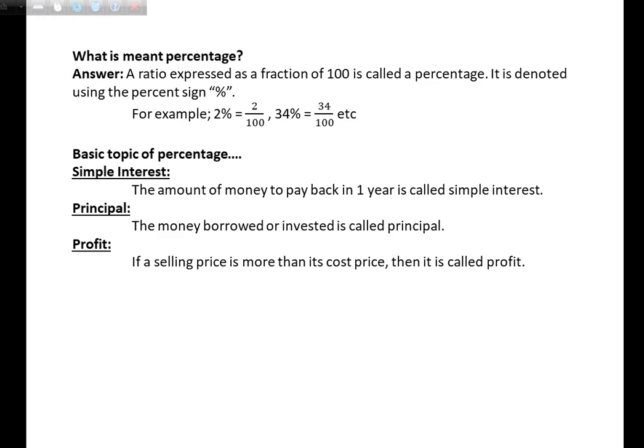From this equation, it can be said easily that profit or loss totally depends on the sale price. And loss is the opposite of profit. When the selling price is less than the cost price, then it is called loss.